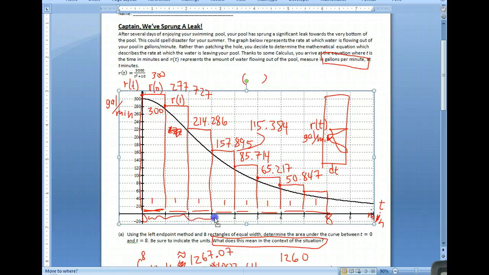The amount of water that leaked out. Because at the very beginning, 300 gallons per minute was leaking. Then the leak subsided. There was less water at the end leaking. It was only like 50 or 40 gallons that were leaking.